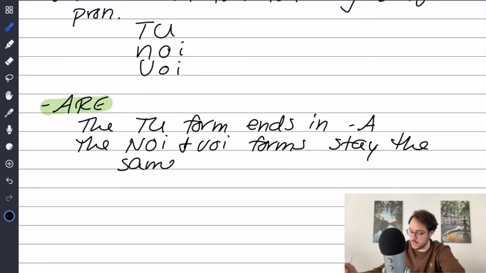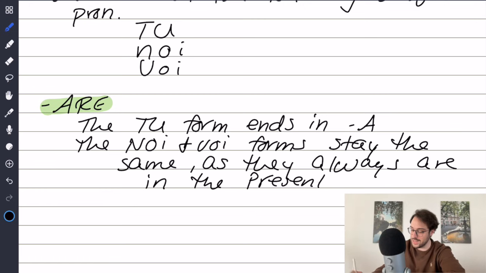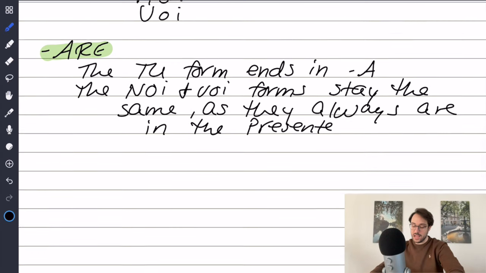They're the same as they always are in the present. Okay, that doesn't grammatically make sense, but they stay as they always are in the present. You guys can follow. Yeah, you guys get it. So that's what we do. The only special rule we've seen so far is tu ends in a. That's it. Okay, cool.